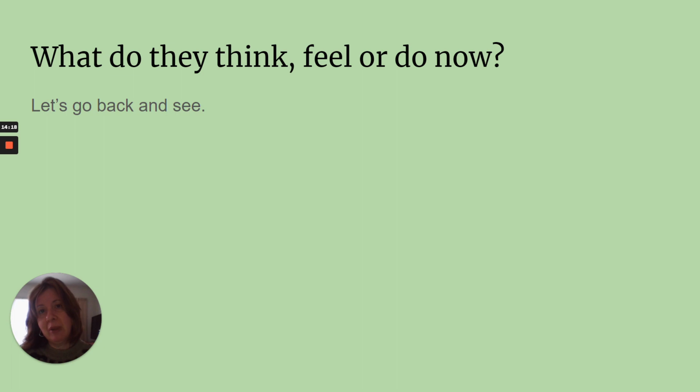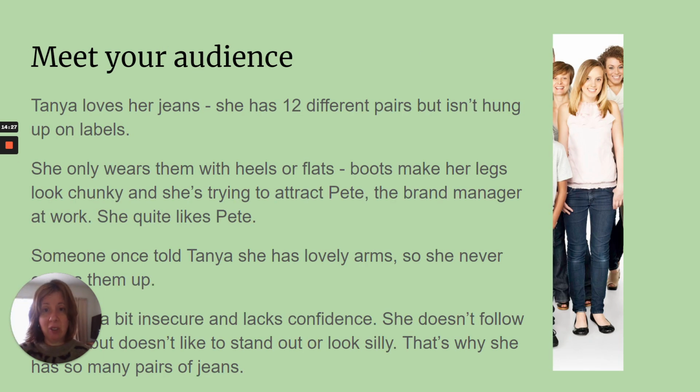The next part of your brief looks at Tanya and what she thinks, feels, or does now. And you can go back up here and have a look at this and pull out the things that you can deduce from what's written here about Tanya. Yeah? You know, she's got 12 different pairs of jeans.